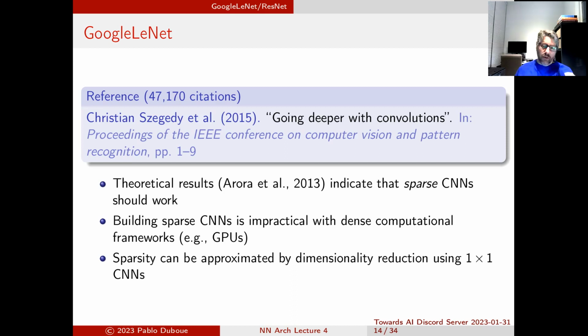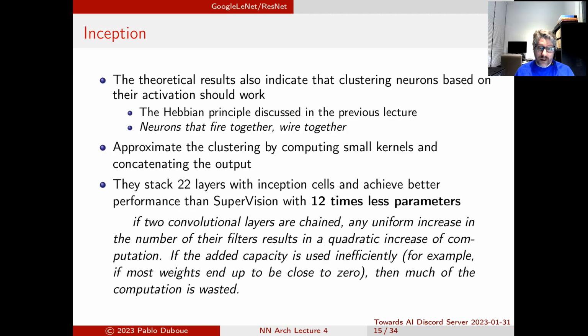So by using these 1 times 1 CNNs, you can have an input that has a feature size of 192, and then an output at 1 times 1 of, say, 64. So 192 goes to 64. That way we are packing the original features in a smaller space. We are basically computing embeddings within the CNN execution.